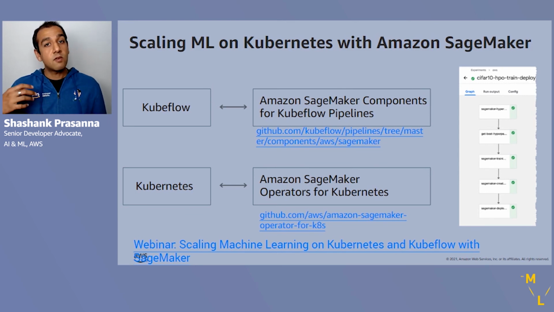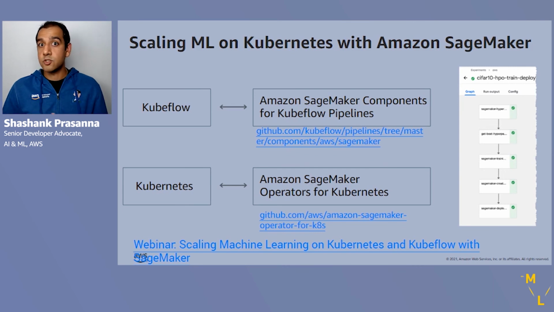But they still want to take advantage of some of the capabilities in Amazon SageMaker, because SageMaker has some additional capabilities such as fully managed training or hyperparameter tuning. That is something that they want to leverage as part of their Kubernetes workflow.